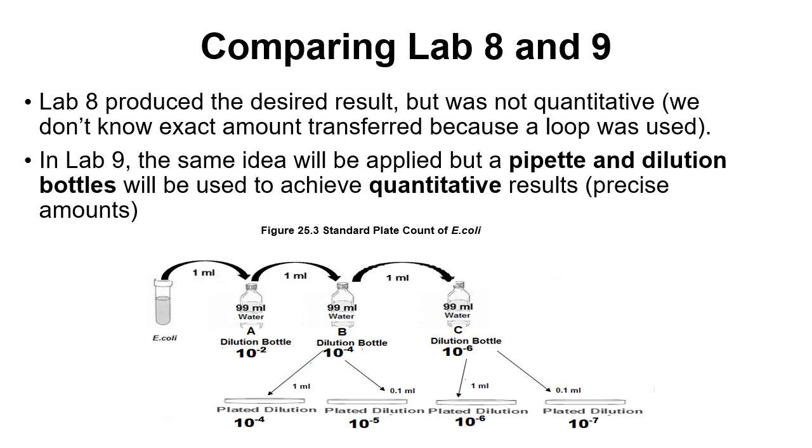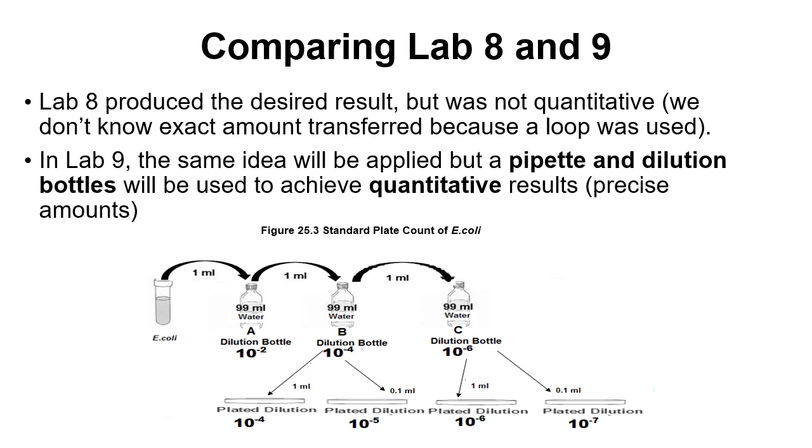coli test tube. So in this figure, which you'll see in Exercise 25, you have a test tube of E. coli. We pipette 1 ml from water bottle A to water bottle B to water bottle C. Each water bottle contains 99 ml of water. We then take varying amounts, 1 ml or 0.1 ml, and pipette them into plates.